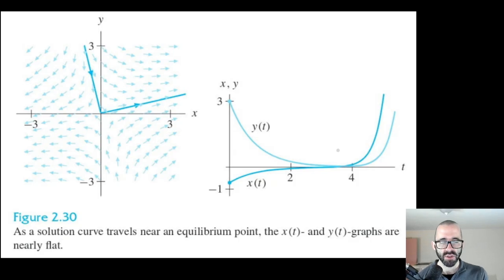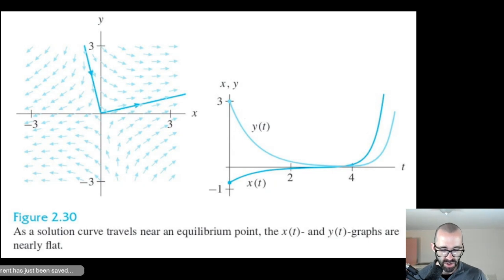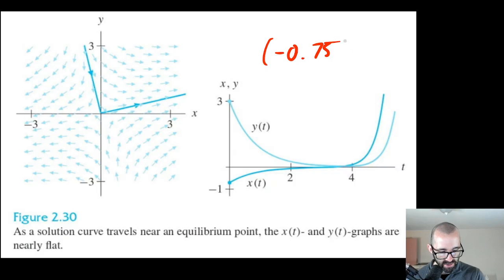And then you can also use a variation of Euler's method to get an idea of the solution itself. Over here we finally do have time incorporated. You can see for some initial condition, here the initial x value is -0.75 and the initial y is 3.